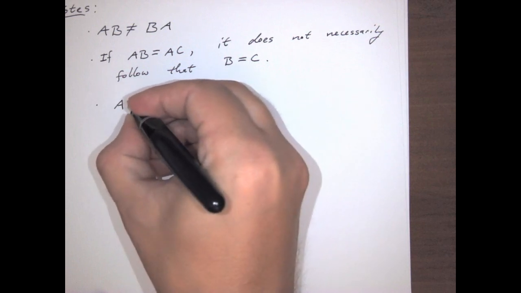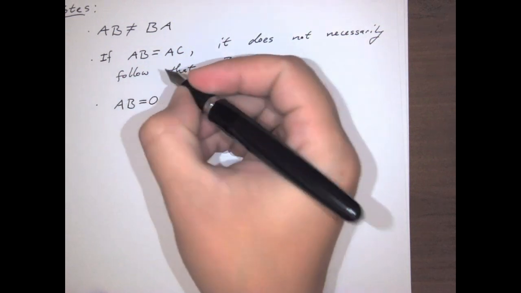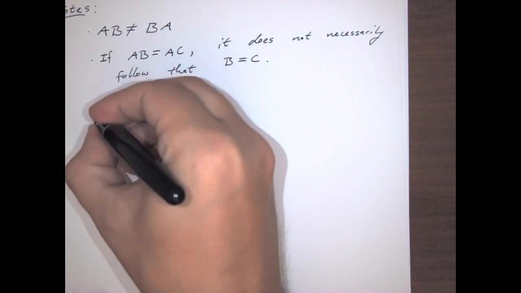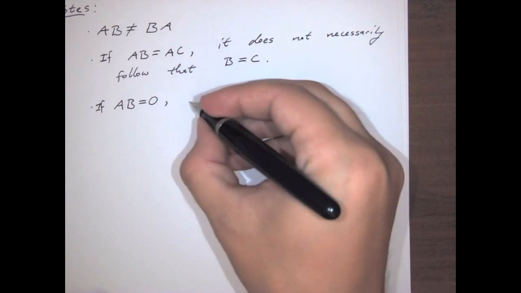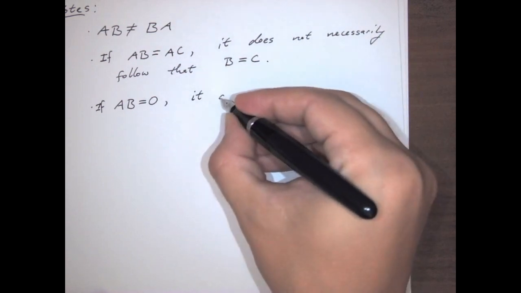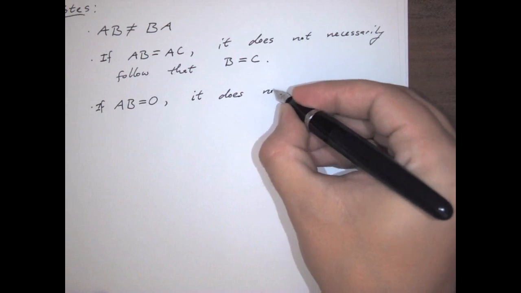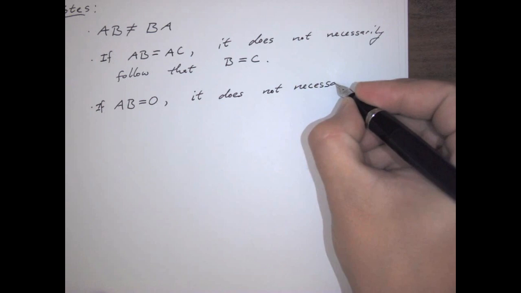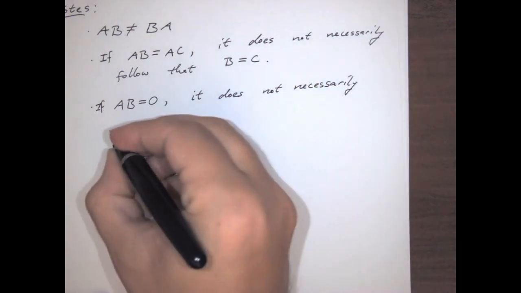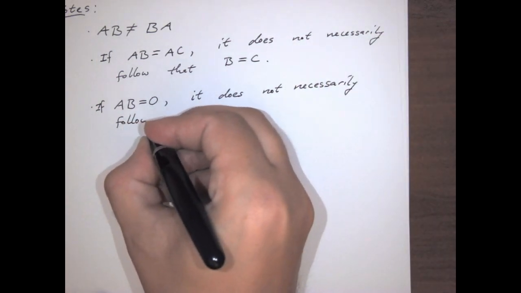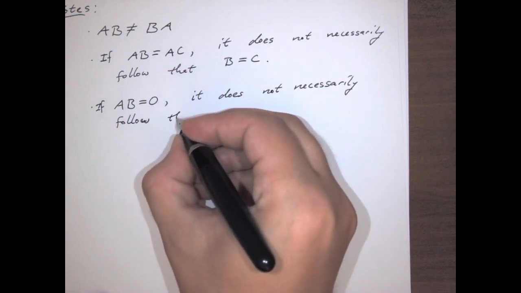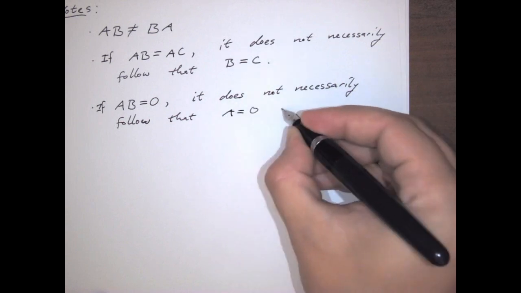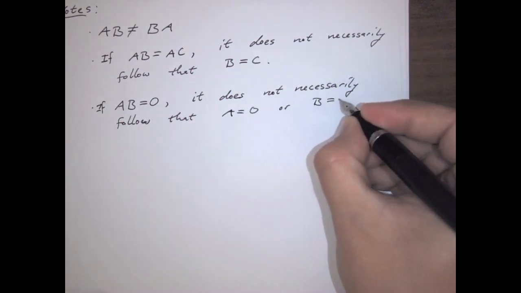So if AB equals 0, it does not necessarily follow that A equals 0 or B equals 0.